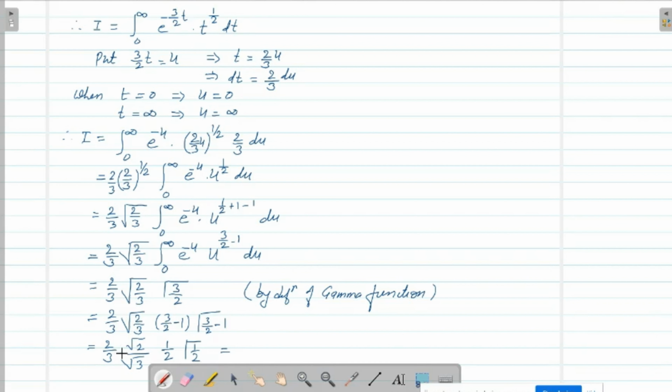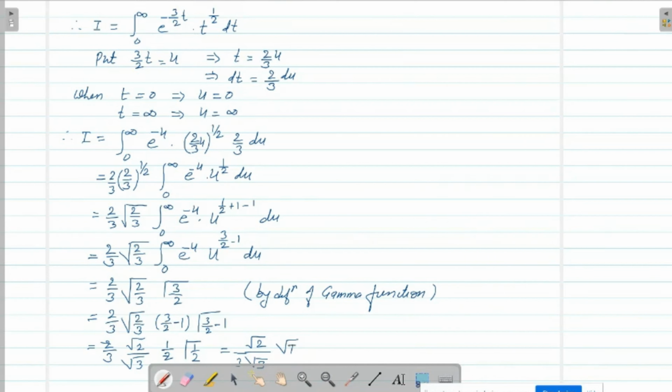So this 1 by 2 and this 1 by 2 cancel. Getting it? So what is remaining for you? You will have 2 square root of 2 by square root of 3, and gamma of 1 by 2 is what? But 3 is also here. We write here 3. Gamma of 1 by 2 is how much?